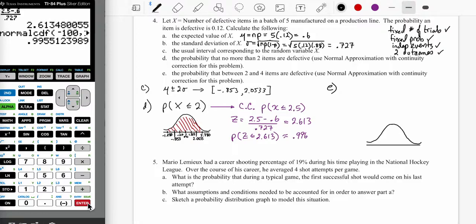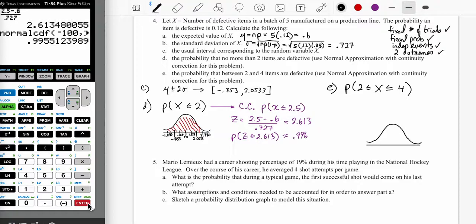If I say pick a number between 2 and 4, but you can't include the 2, you can't include the 4, isn't that really the same as saying find the probability of 3 defective items? It's a different question, right? Or at least it feels like a different question. So I'm going to say that this is the probability that we are between 2 and 4 inclusive.